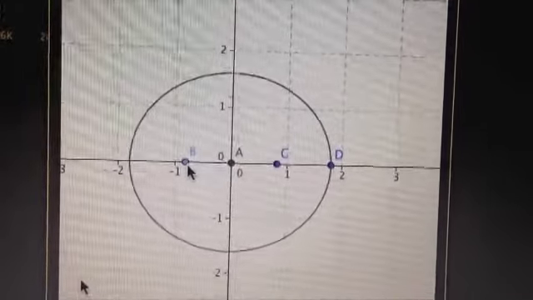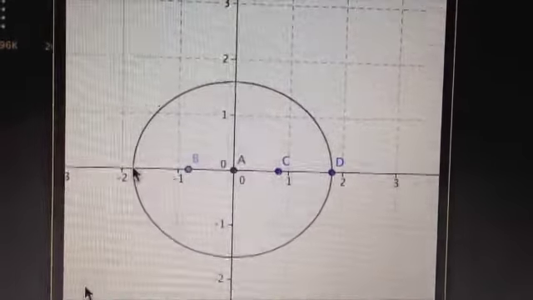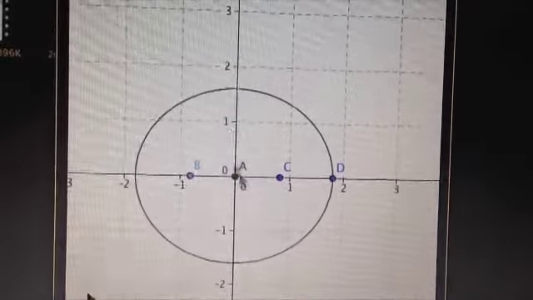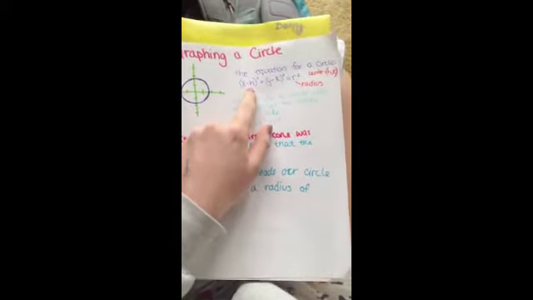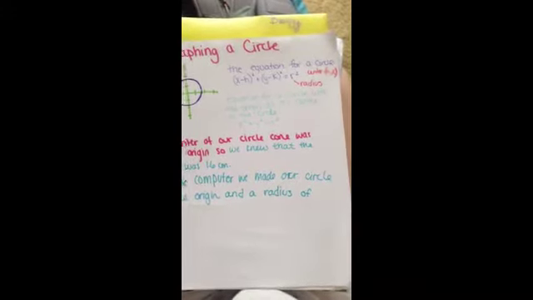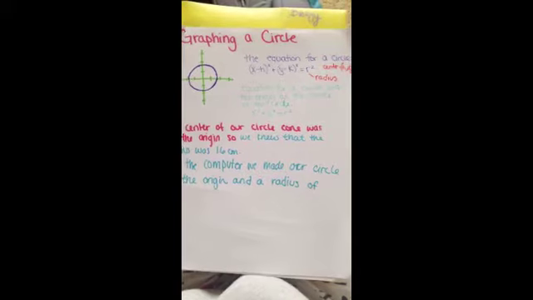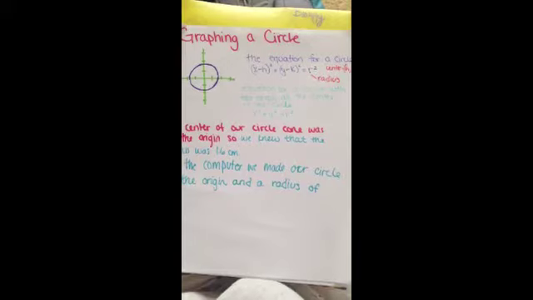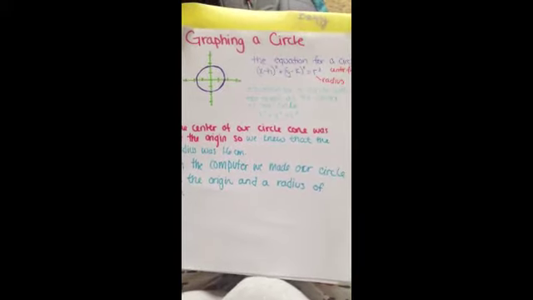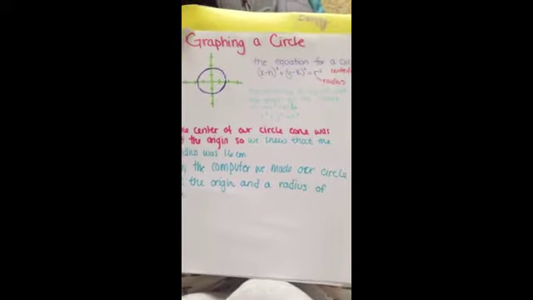We found these by using a squared minus b squared equals c squared because we knew the semi-major axis and the semi-minor axis. To graph the circle of our cone, we use the equation (x minus h) squared plus (y minus k) squared equals r squared, when the center of the circle is at (h, k) and the radius is r. The equation for our circle with the origin at the center is x squared plus y squared equals r squared. That is the same as the equation above, except we took out the h and the k because they're 0.